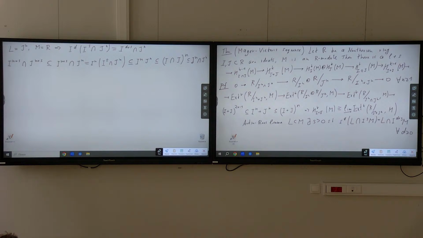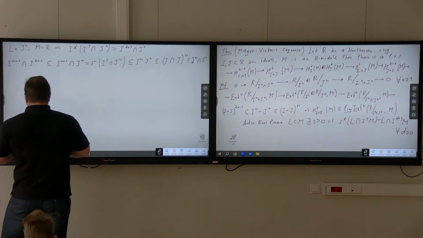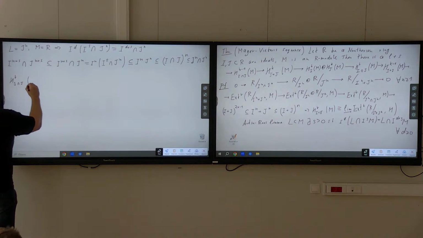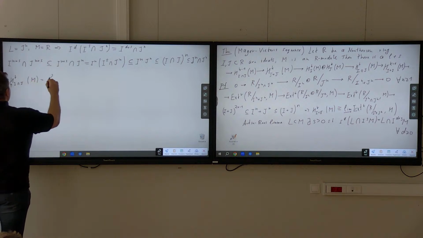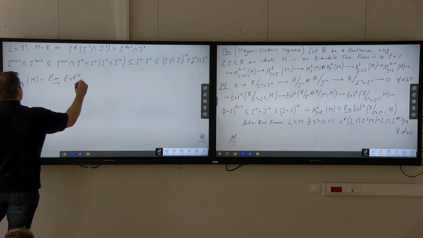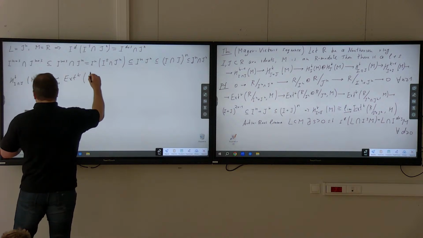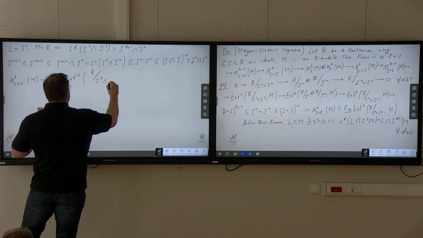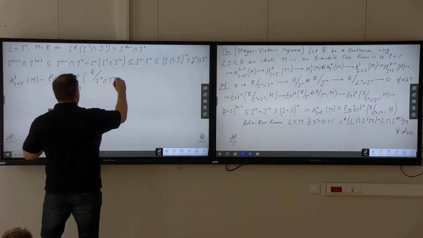So together, these two inclusions show that this is the cofinal direct system, and hence the local homology with the index A for the intersection of two ideals can be computed as the limit of Ext^k of the R module R modulo I to the n intersect with J to the n.